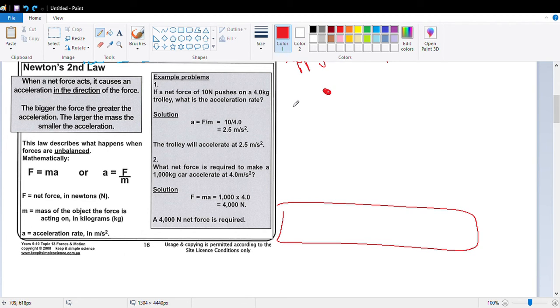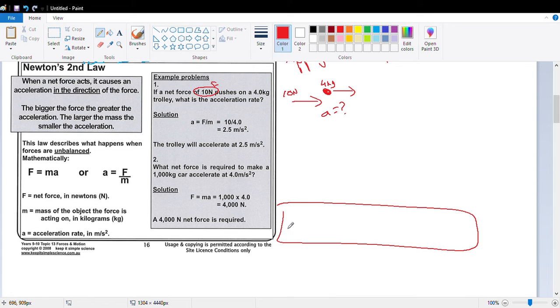Here's my object. I'm pushing it with 10 newtons. That's a force. The object has a mass of 4 kilograms and it'll have some form of acceleration because it'll zoom off that way. But I don't know how fast it's going to zoom off that way, how much its speed is going to change by.